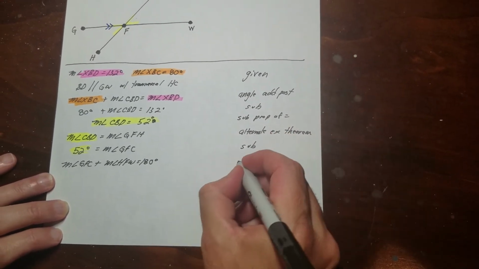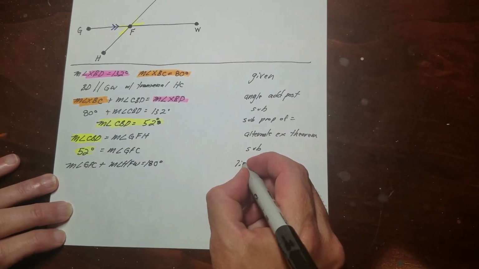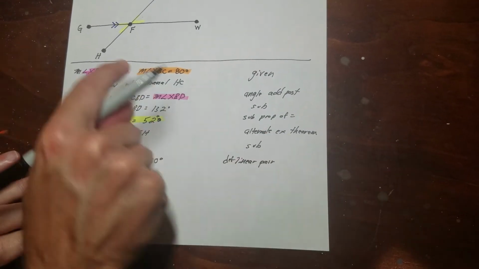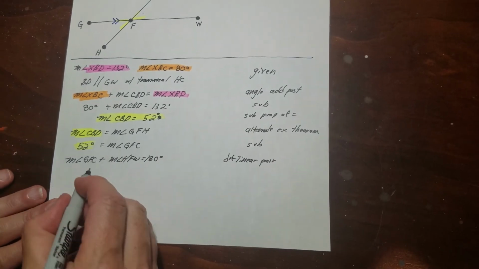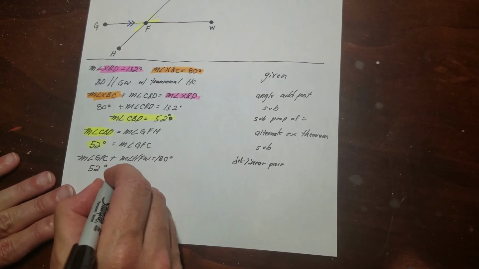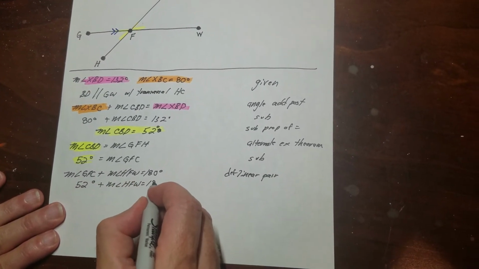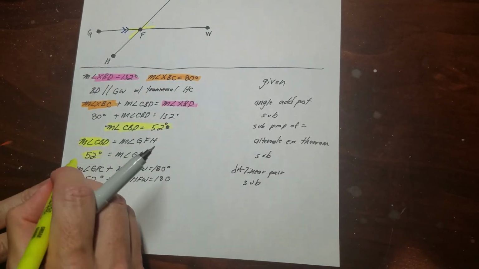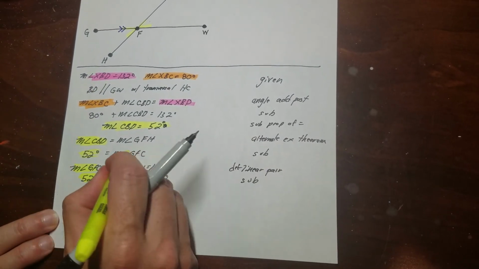This was substitution, and over here, this is a linear pair. It's the definition of a linear pair. These two are on the same line, so they're supplementary and they equal 180. So now I'm just going to substitute that into there. So there it is. Everything makes sense.